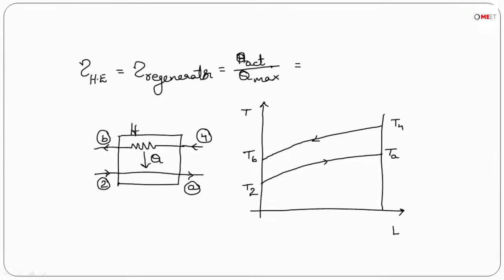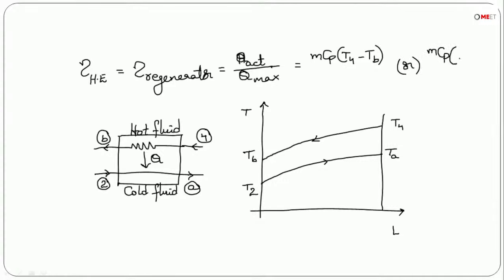Here the hot fluid is the fluid flowing from 4 to B, whereas the relatively cold fluid is the fluid flowing from 2 to A. So we can write actual heat transfer as heat lost by hot fluid, that is mCp (T4 minus TB), or we can also write this as mCp (TA minus T2), the heat gained by the cold fluid.